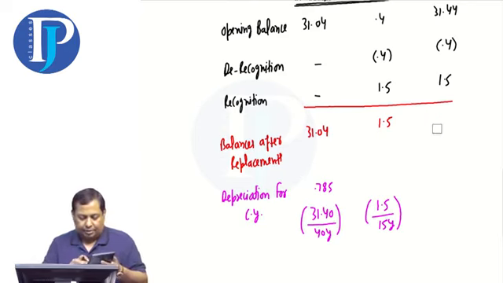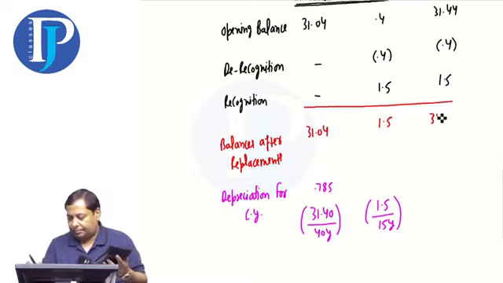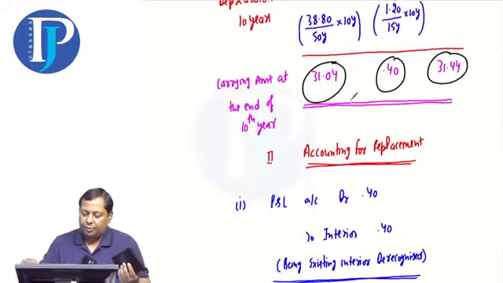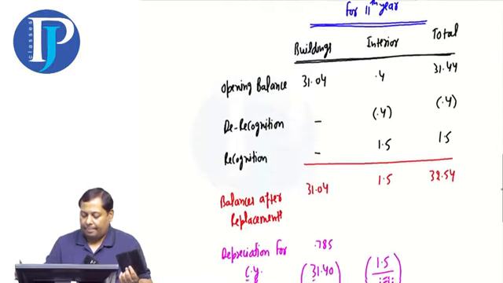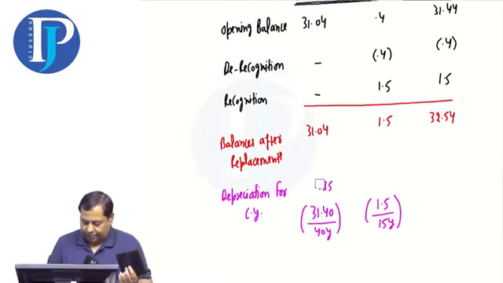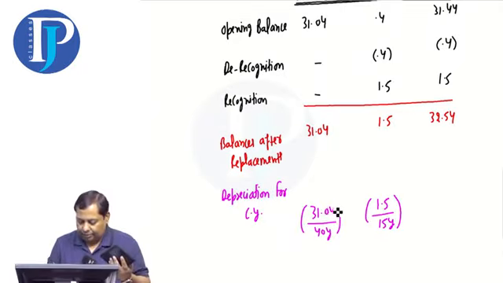And here it will be 32.54. I mistakenly wrote 31.4 instead of 31.04. I have corrected this. Here also it will be 31.04.